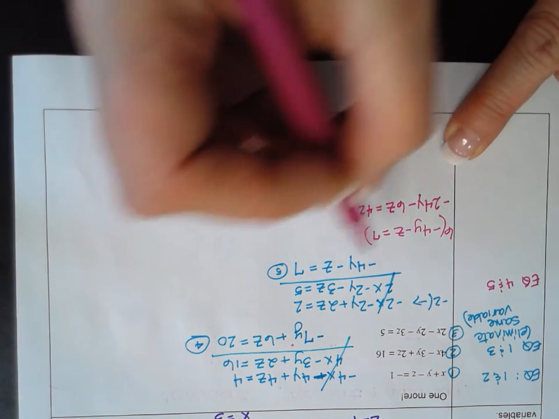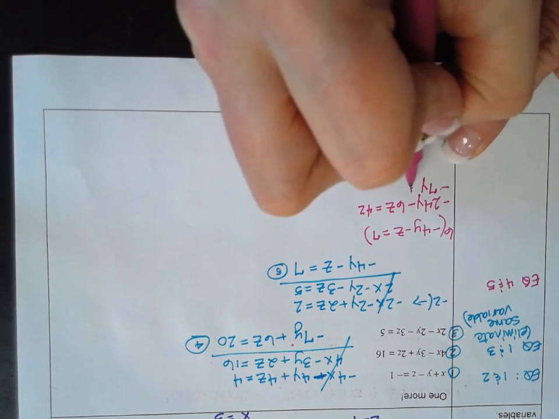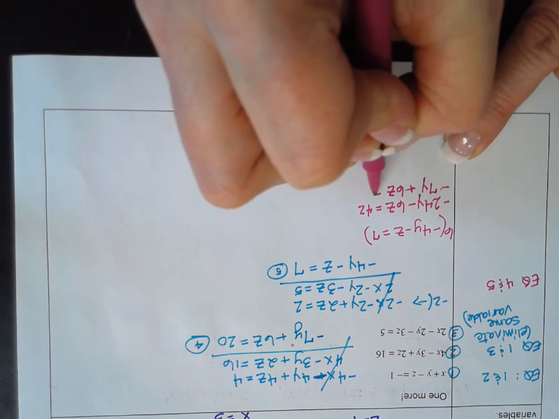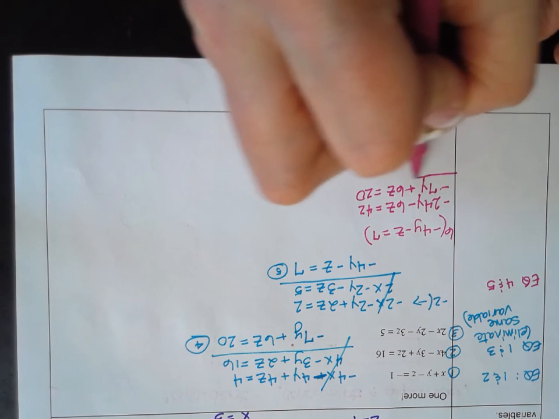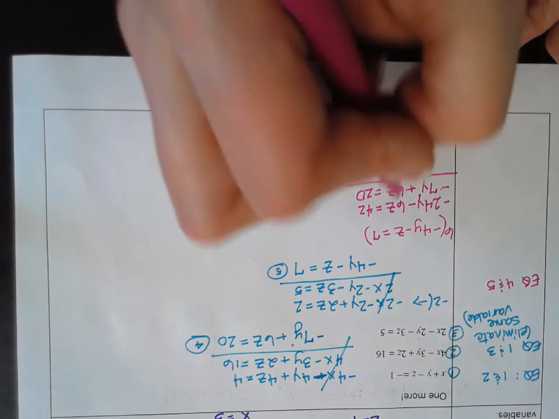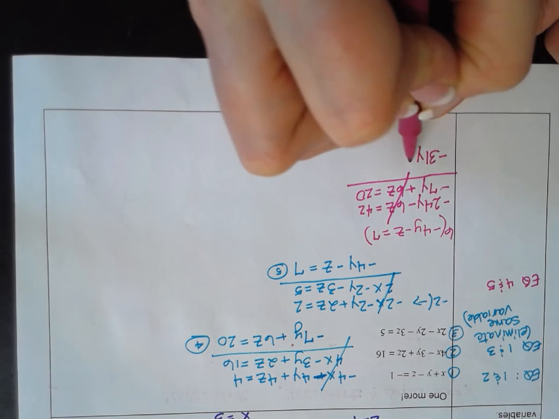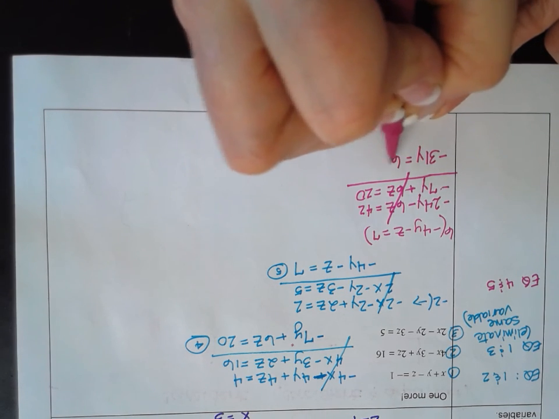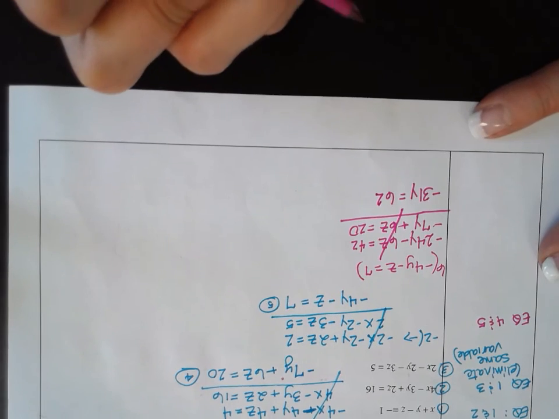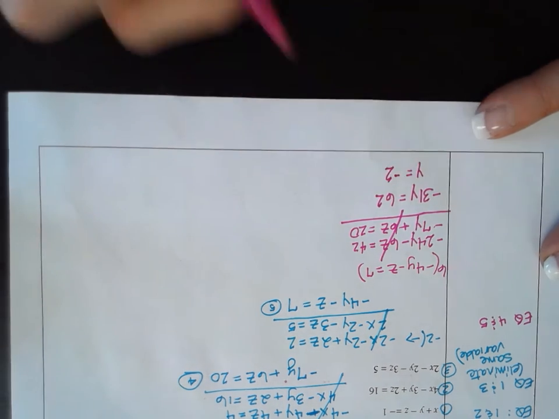Just checking. And I have -7y plus 6z is equal to 20. Alright, so let's add them together, and I get -31y is equal to 62. So y is going to be equal to -2.